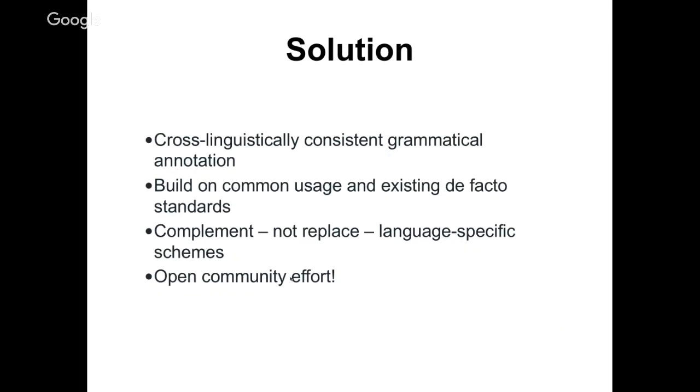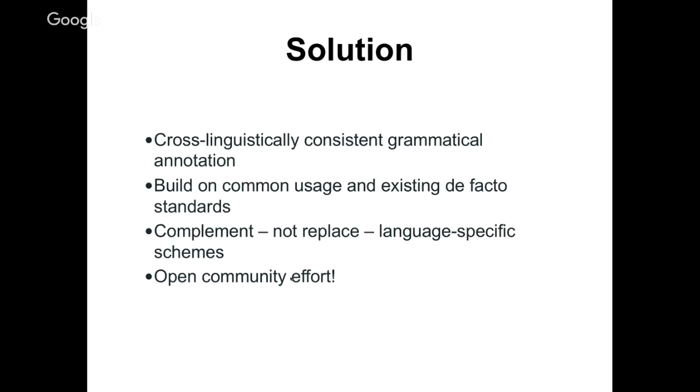So the solution is to have one common annotation style, a cross-linguistically consistent grammatical annotation, which is not built from scratch, but it's built on common usage and existing de facto standards, because across the years, scholars have developed several annotation styles, tag sets that have become, through the years, standards or reference standards, and we use that.